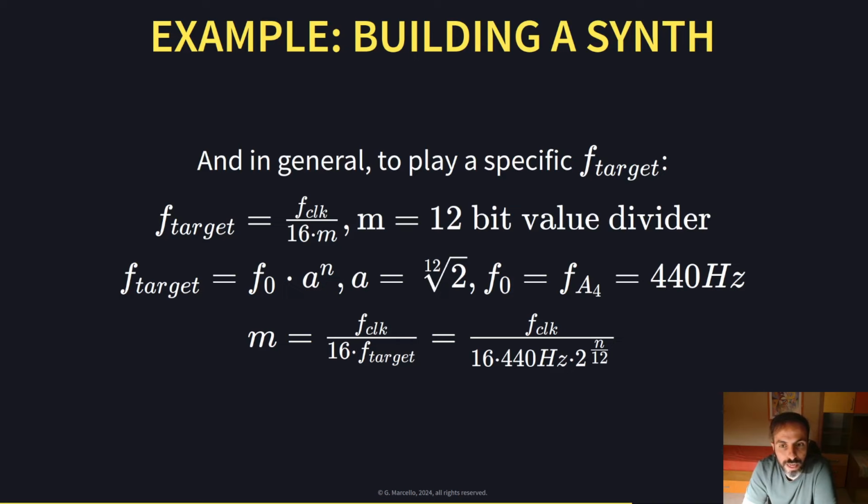So in the end, at the last row, you get a formula for the 12-bit coefficient that you have to compute to get the specific note that you want. This coefficient is a function of how many half steps you're away from a central tone, which in this case is 440 Hertz, A in the 4th octave.